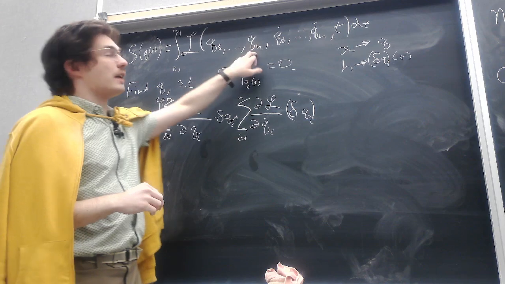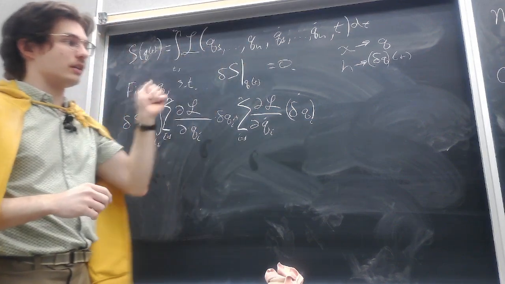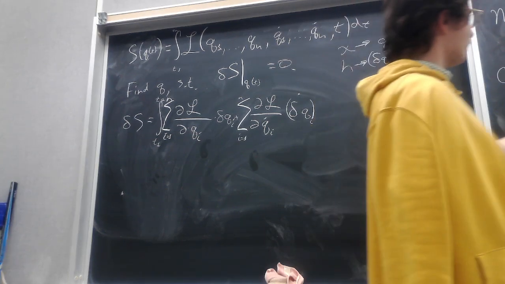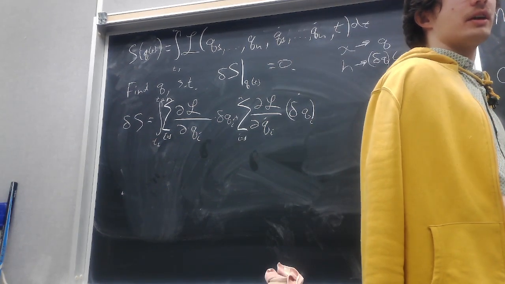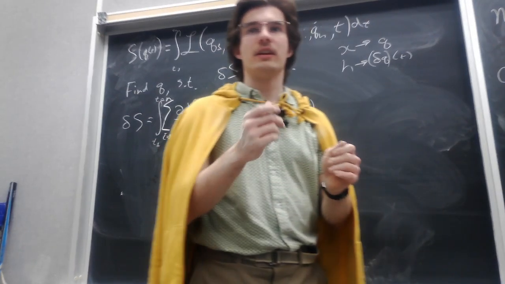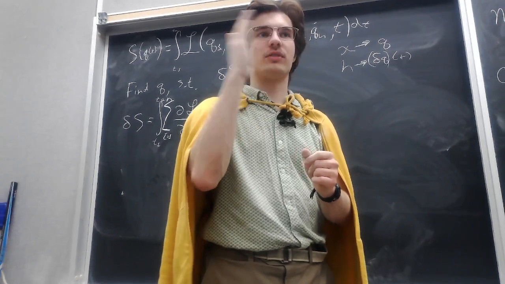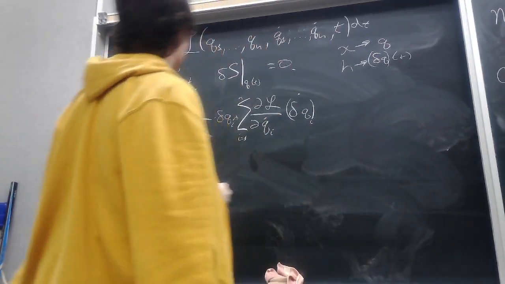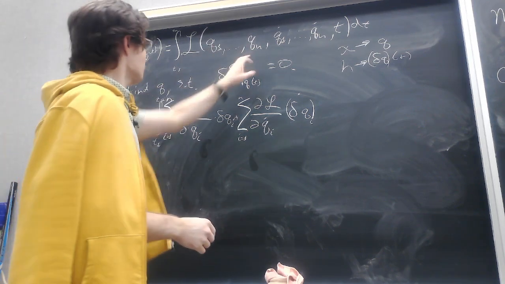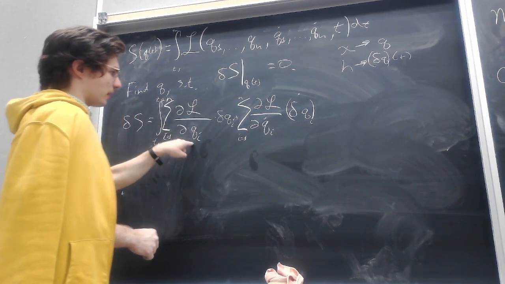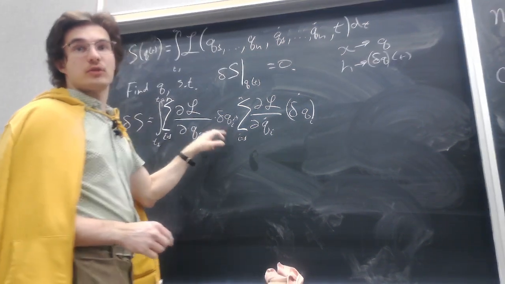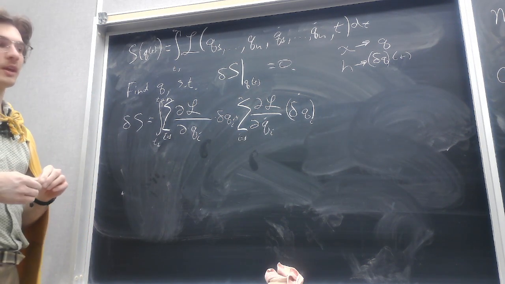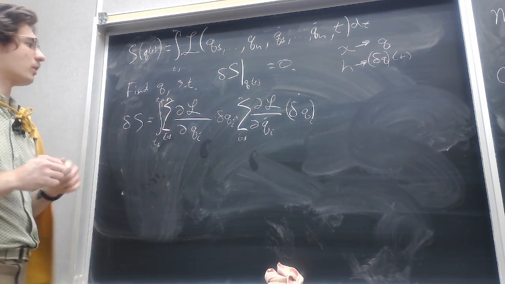I have n entries, so I just differentiate in each of those entries. I can always think of a vector as a bunch of numbers, an n-dimensional vector is n numbers. So now that I have everything in n numbers, I can differentiate with respect to each entry, and then multiply by the little change I've made in that particular entry. So that formula is the same as what I wrote down.